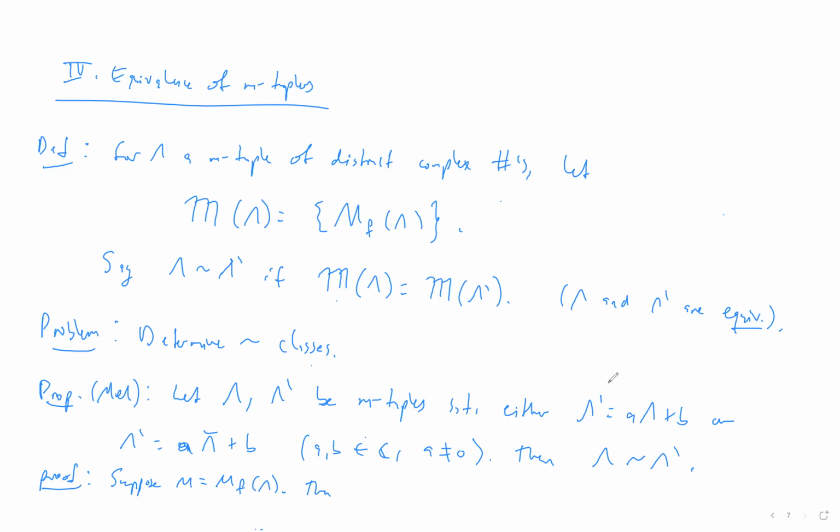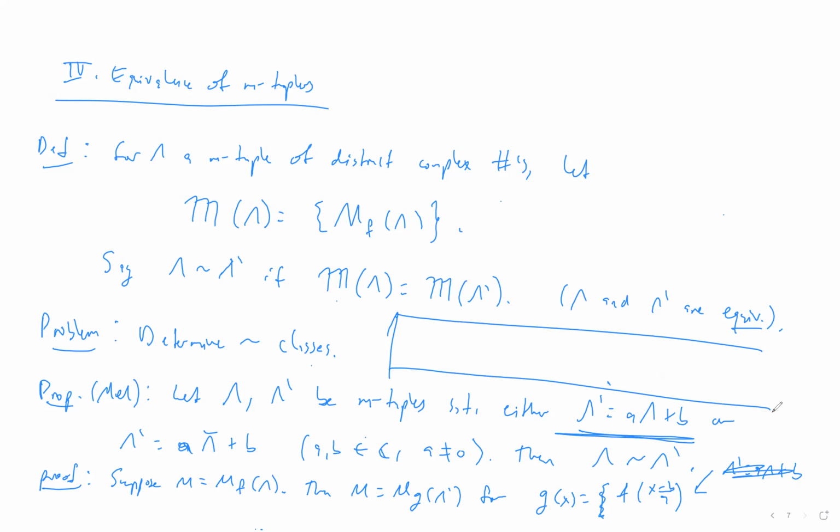So M is equal to M_g of lambda prime for g of x equal to f of (x minus b) over a. This is for the first case, lambda prime equals a lambda plus b. And then I'll finish the proof up here.